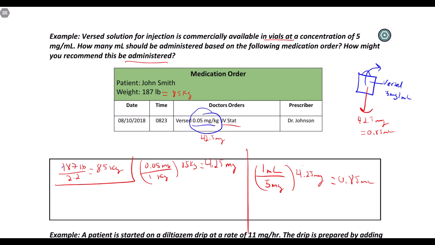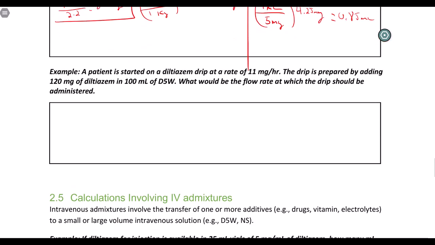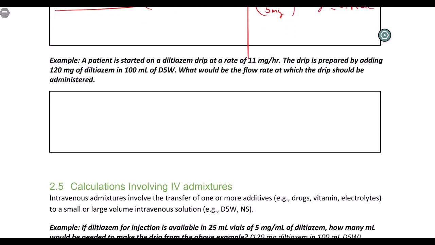All right. The next question that we have over here for these, a patient started a diltiazem drip at a rate of 11 milligrams per hour. The drip is prepared by adding 120 milligrams of diltiazem and 100 mLs of D5W. So let's first get a handle of what the question is setting us up for.